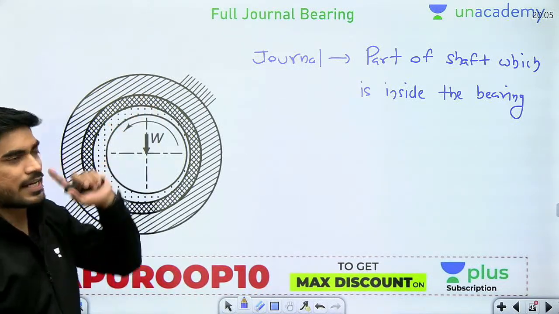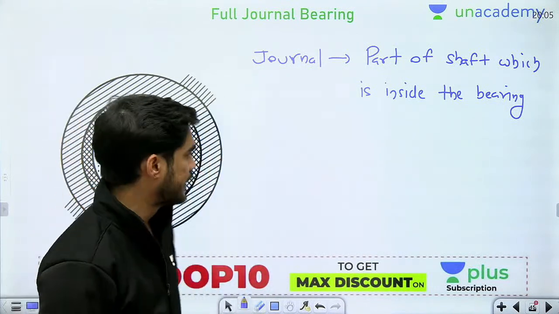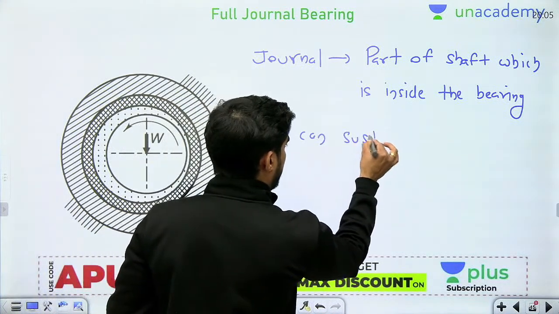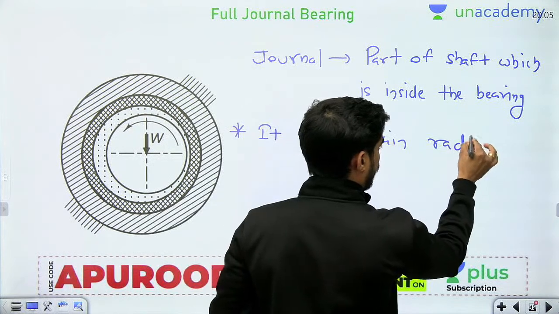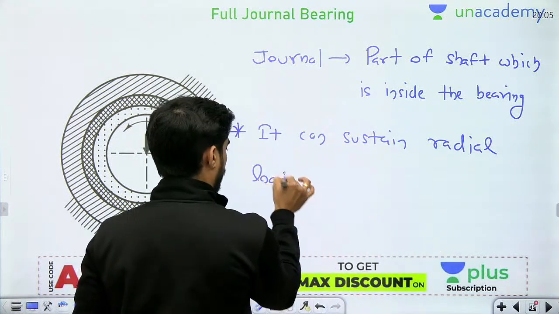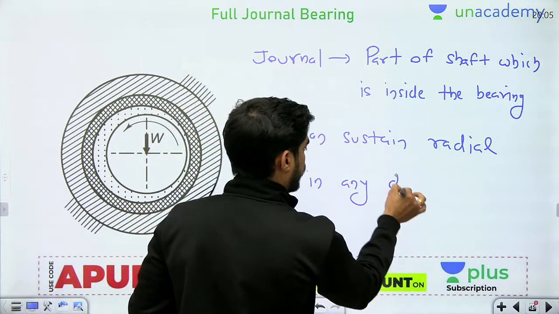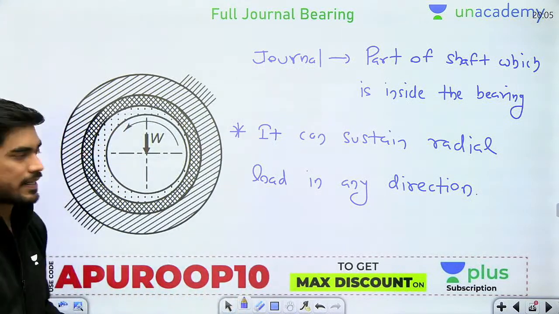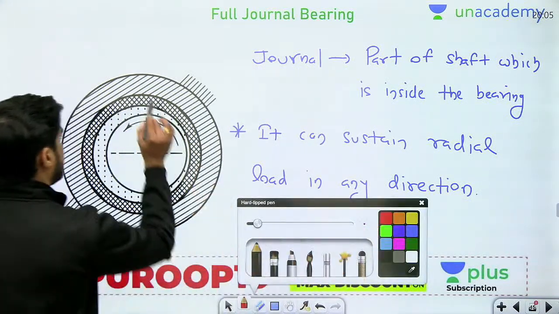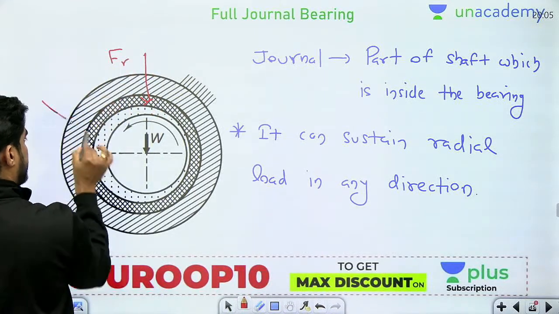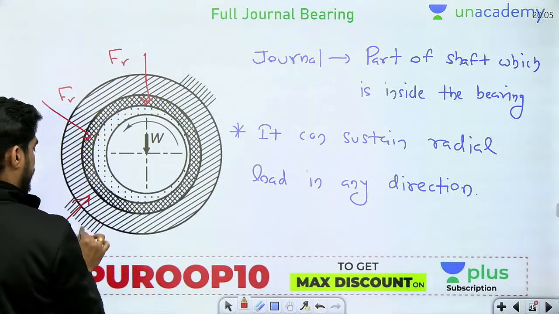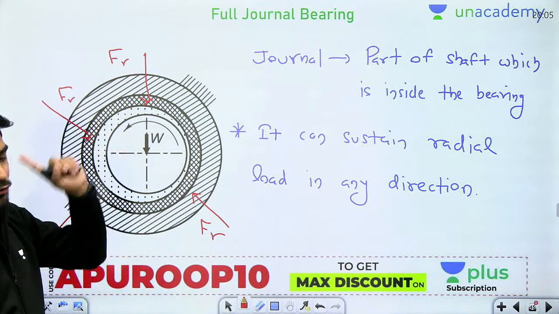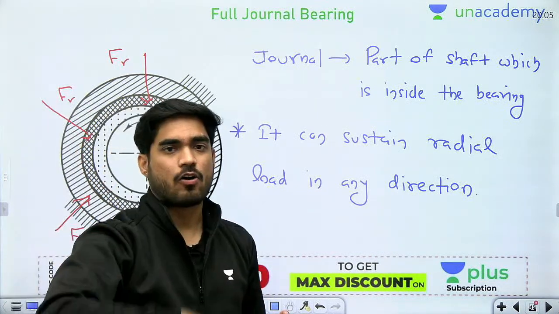Okay, first of all, journal bearing is only able to sustain radial load, and it can sustain radial load in any direction. ये रेडियल लोड को किसी भी डायरेक्शन में सपोर्ट दे सकता है, even if the radial load is in this direction, in this direction, in this direction, it can support that radial load. Okay, so this is full journal bearing which is supporting the shaft all around the bearing.